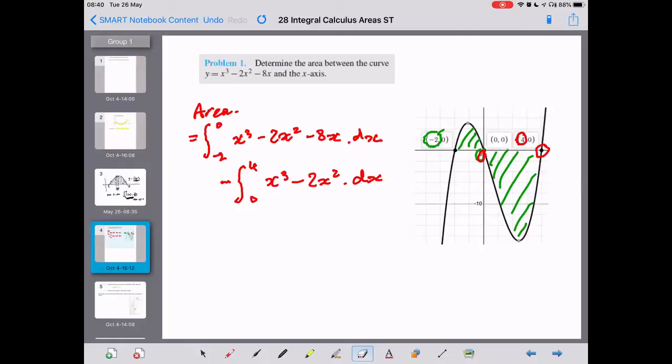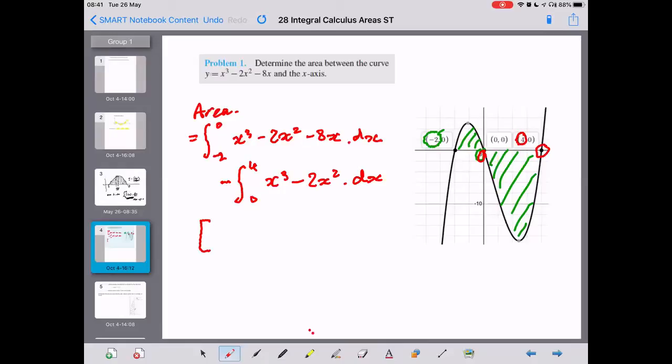So we'll do this one together. If I look at this top one here, if I integrate x cubed, what do I get?